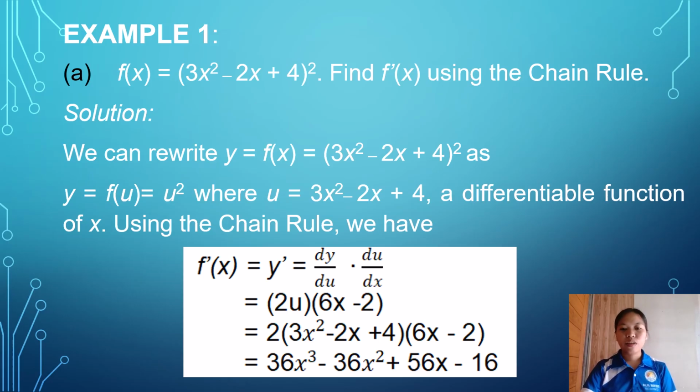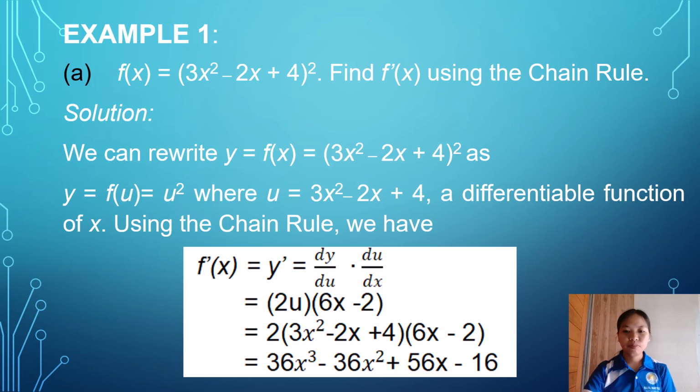So the derivative of y with respect to u is 2u. Here we bring down the 2 and let the inner function be u, then multiply by the derivative of u with respect to x, which is the derivative of the inner function. We get 6x minus 2.